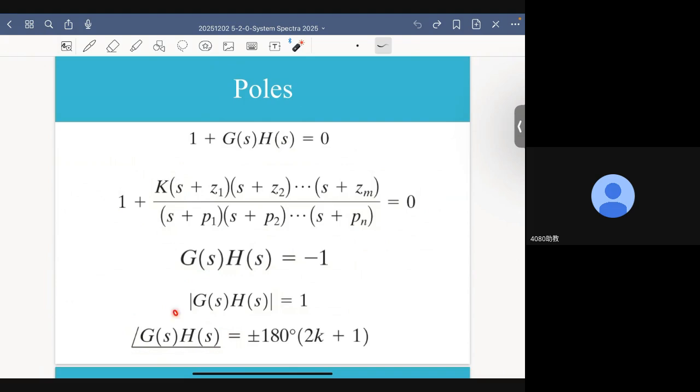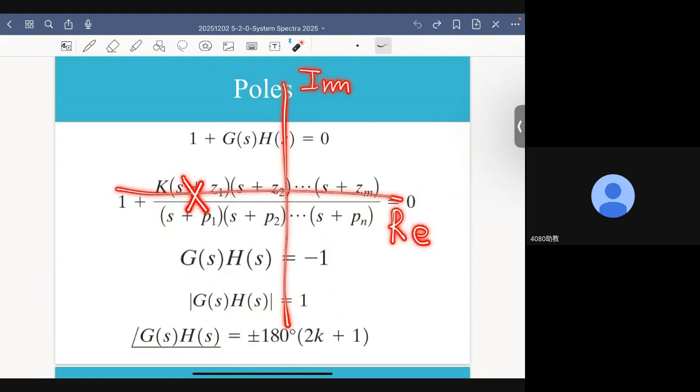Since this is -1, in the complex plane, remember this is the real part, this is the imaginary part, it is located here. Its distance from the imaginary axis is apparently 1, all right?